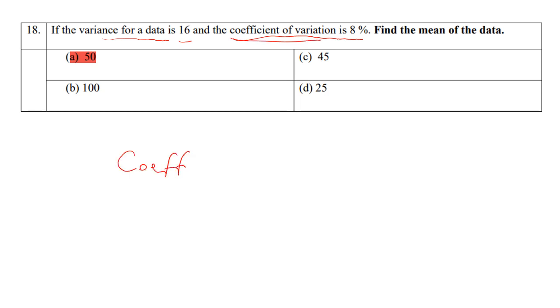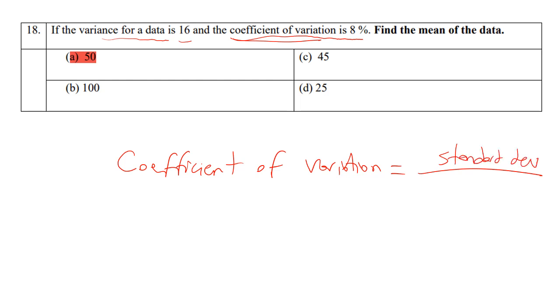The coefficient of variation is calculated by this formula: the standard deviation divided by the mean. And now it says the coefficient of variation is 8%.